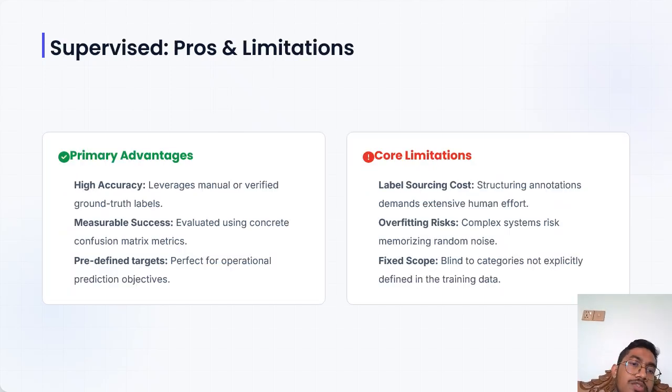In the supervised learning model, the primary advantages are high accuracy, measurable success, and a predefined target, and the limitations are label sourcing cost and overfitting risk. If the data is small, with few rows and few columns, the model will overfit, which is risky, and it will not give an accurate result.